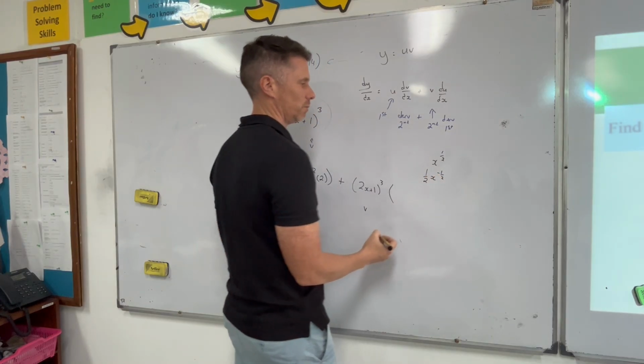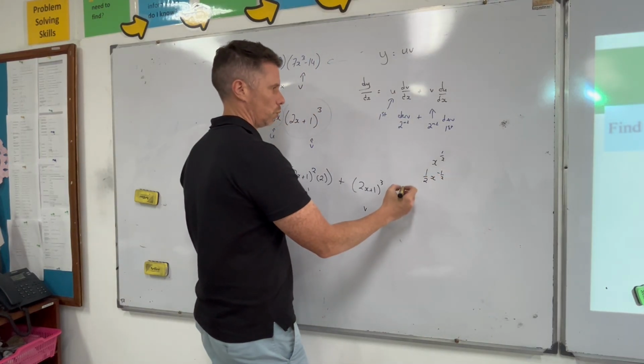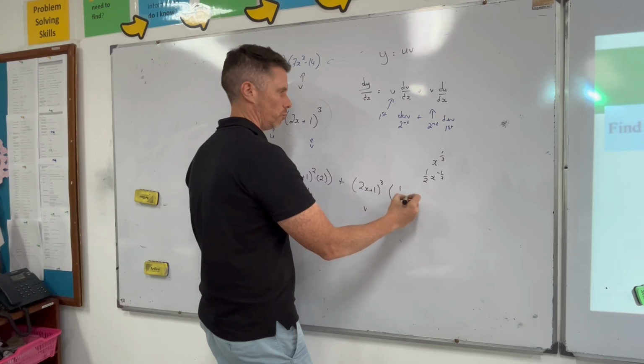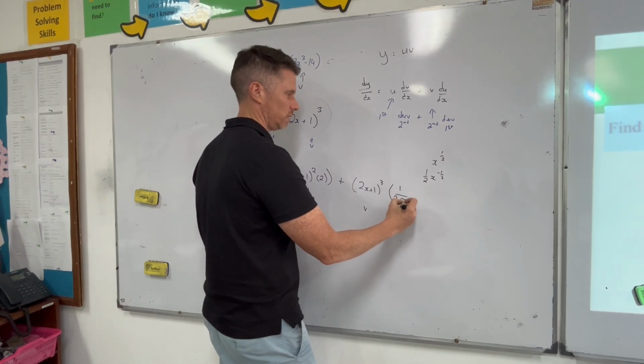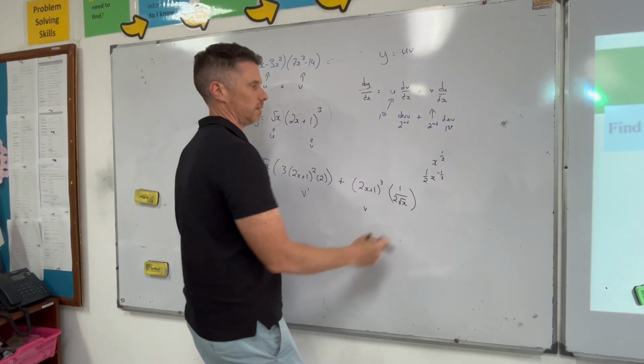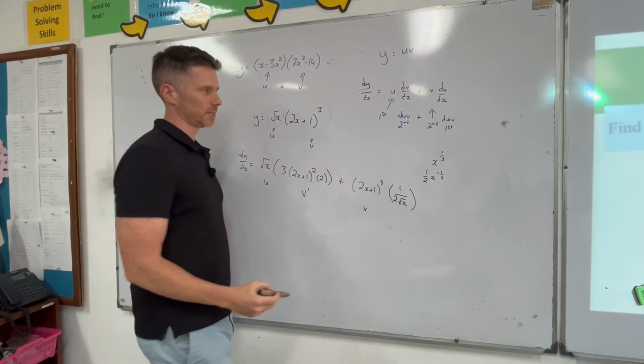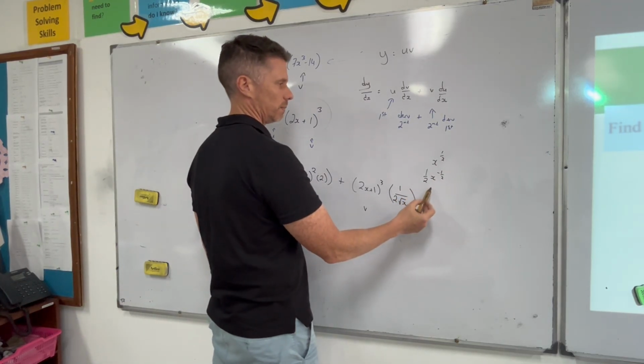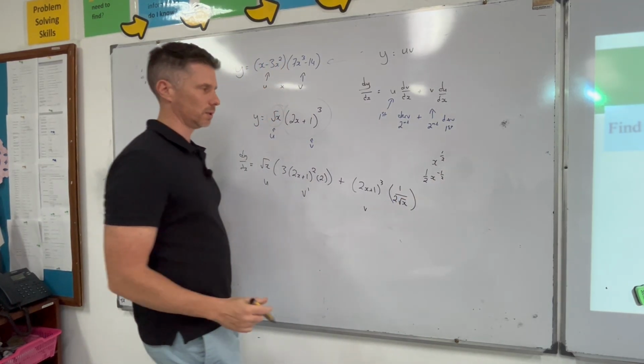Tidied up, it would be 1 over 2 root x. The power brings it down with the 2.